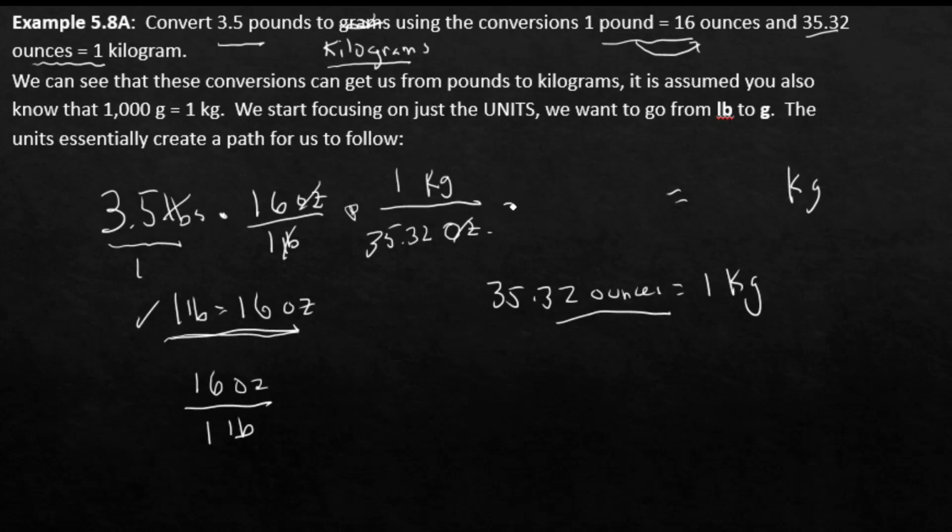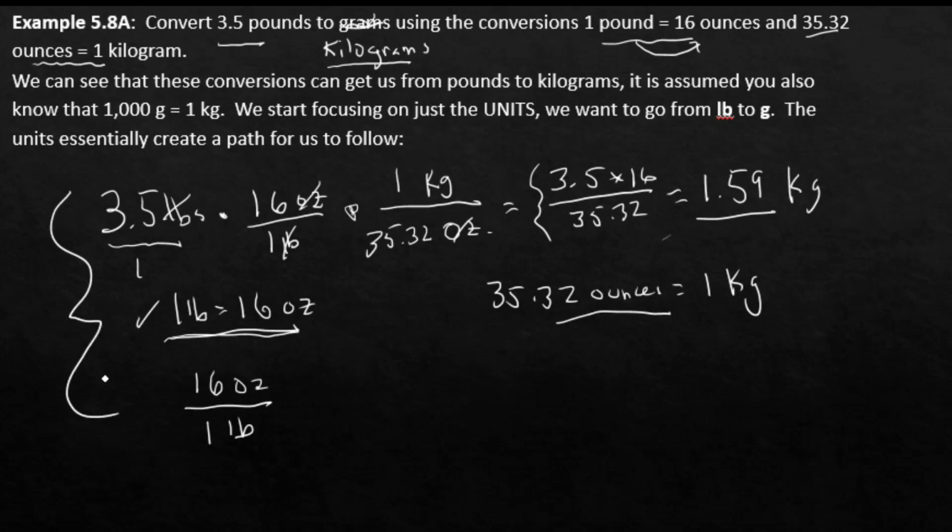What you're going to do on your calculator is multiply 3.5 times 16 times 1, which won't change anything, and then divide it by 35.32. And if you put that in your calculator, you should get the answer here, which I will put up. And to 2 decimal places, I get 1.59. You might want to watch this video again a couple times if you're unsure of what I did.